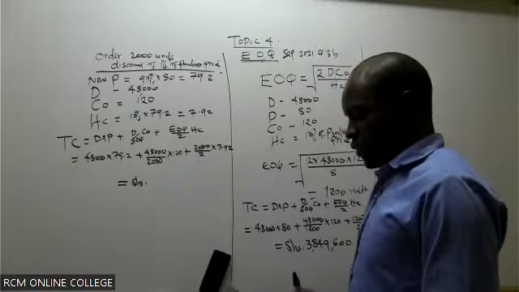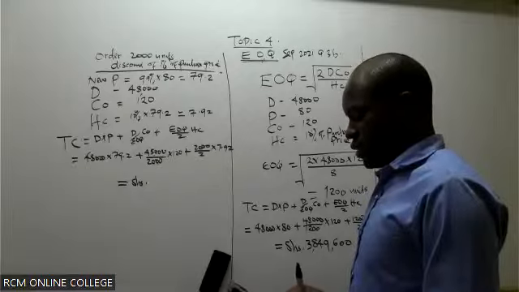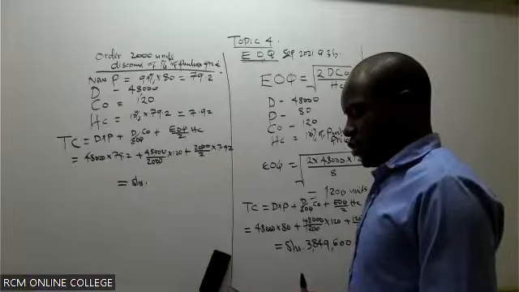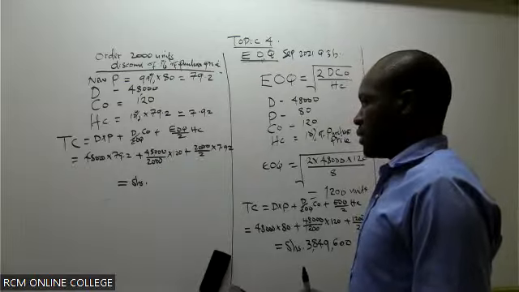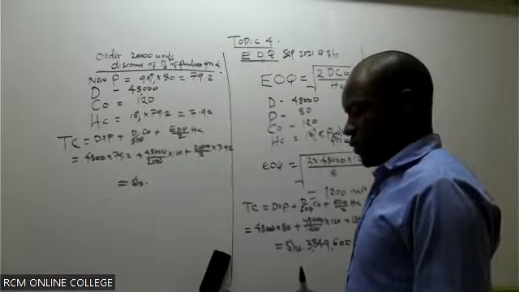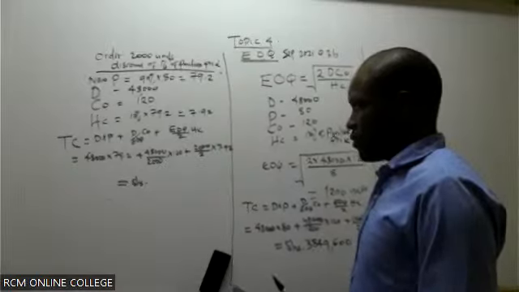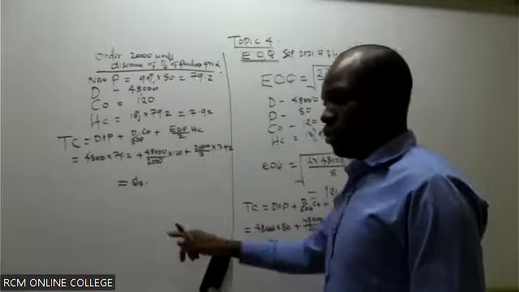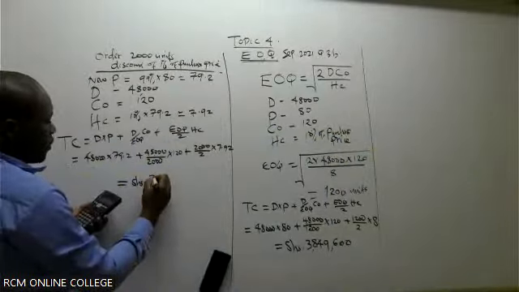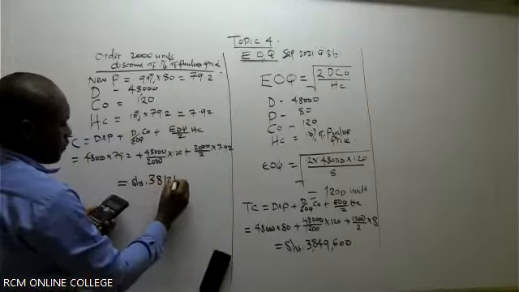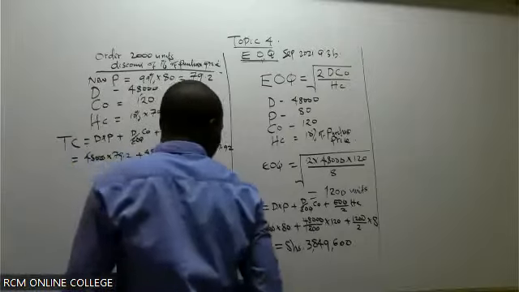We add 48,000 times 7.92, 79.2 plus 1,000 times 7.9. This one should be giving us 3,812,400. So whoever is getting something away from this, just know something is wrong.